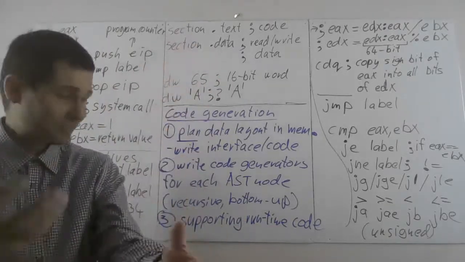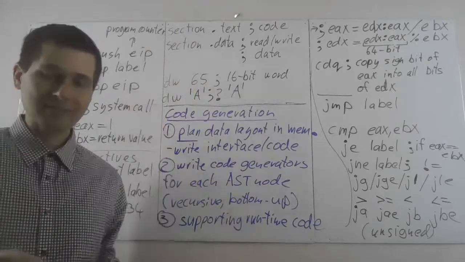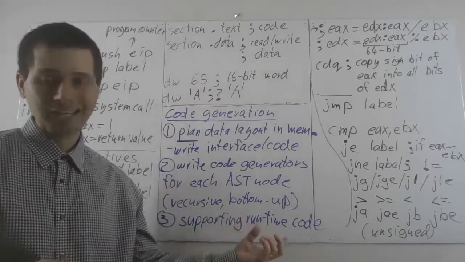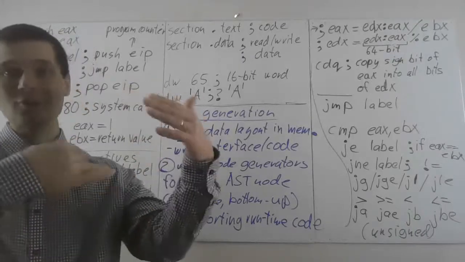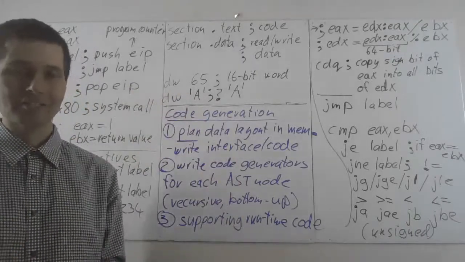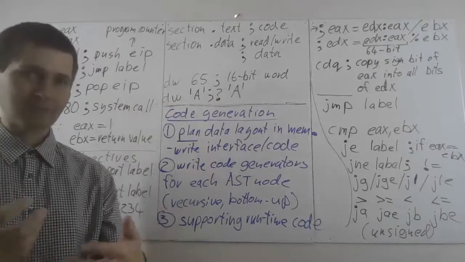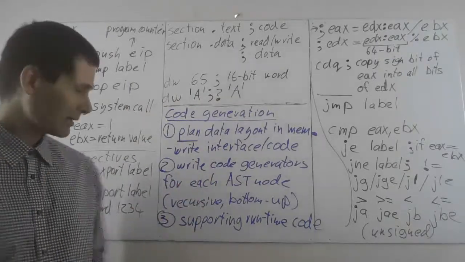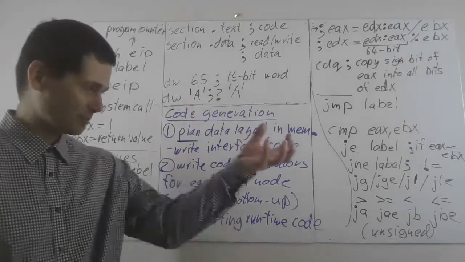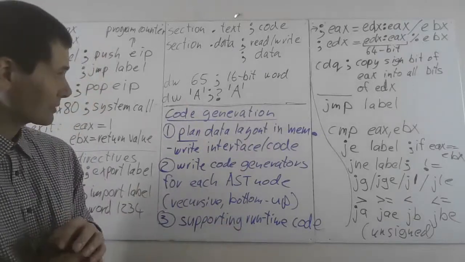Your compiler can still generate this code in the sense of outputting it, but you would have a library hard coded into your compiler as a string, or you can write it as a file and have your compiler copy that file and put it in with the code that it outputs.